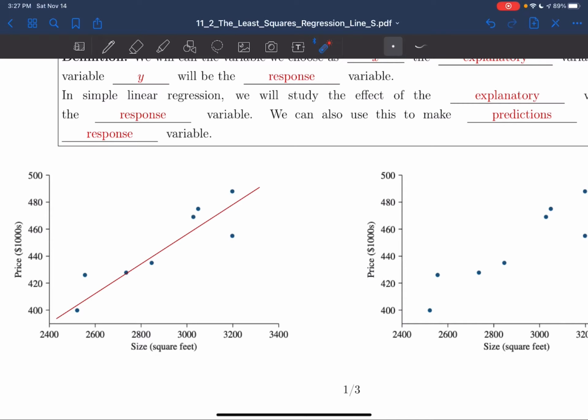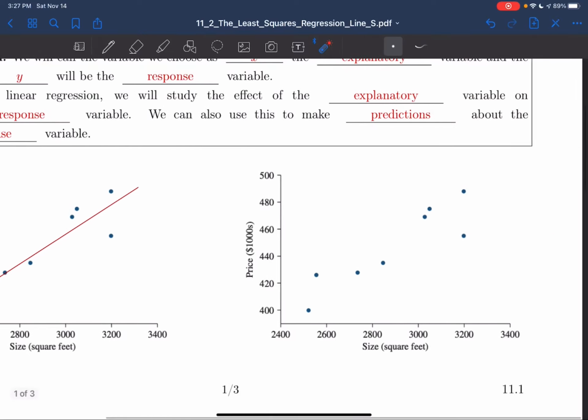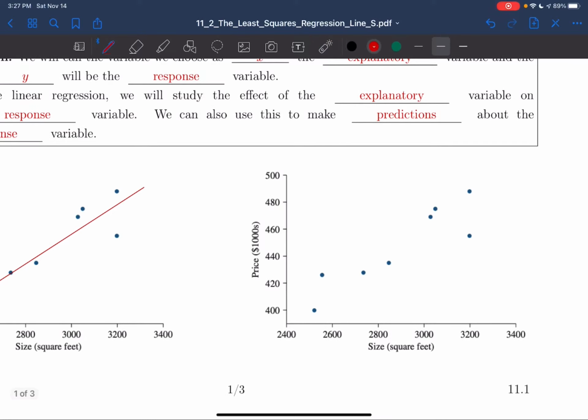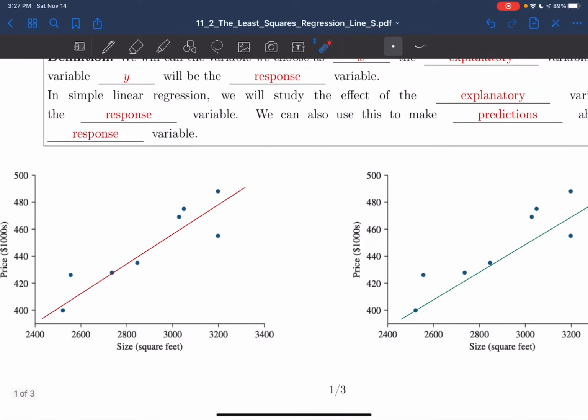But how do I know this is the best line to choose? What if I make a line that looks like this? Notice that it doesn't fit the data set as well as what I wrote here.